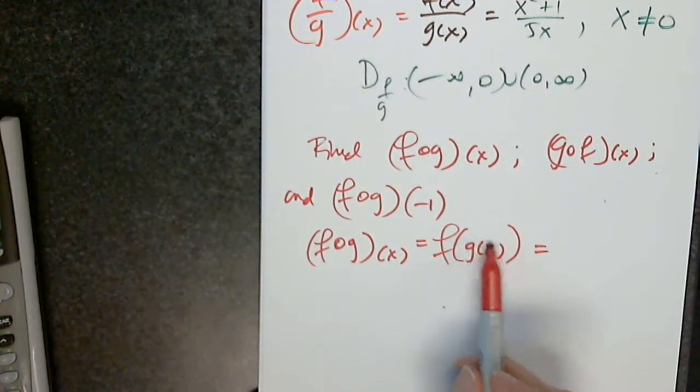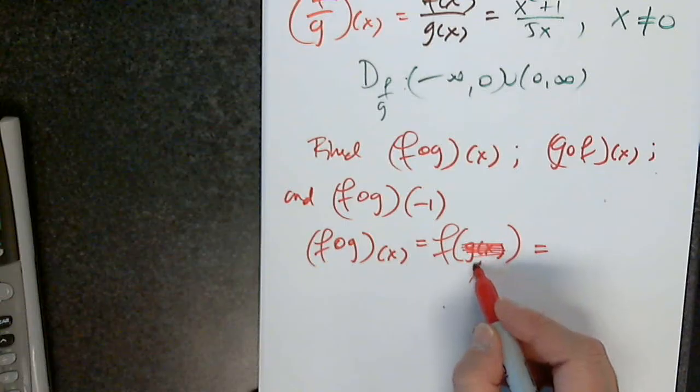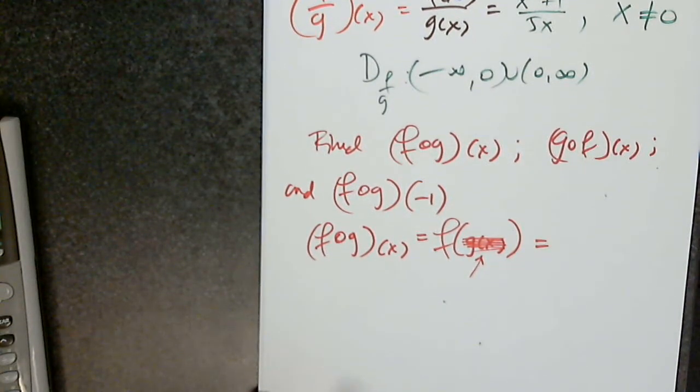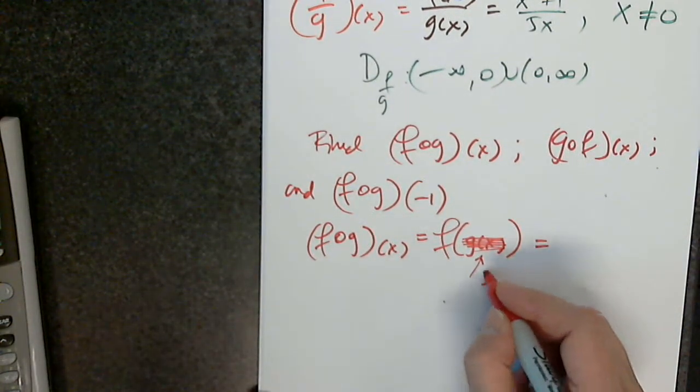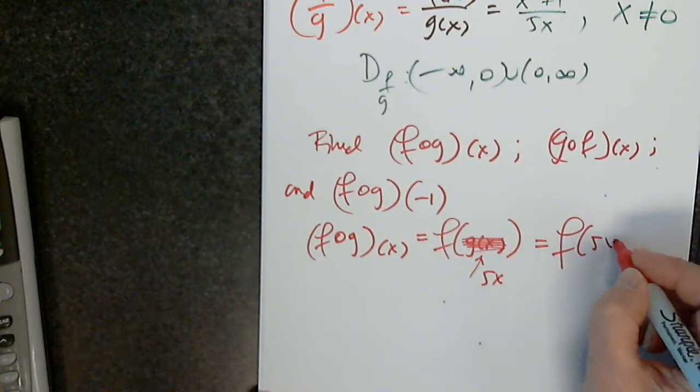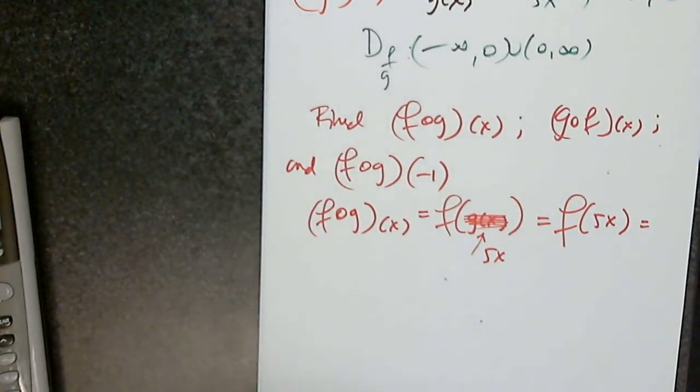What do I replace this by? Very good. So then this is f of 5x. Remember, f says whatever squared plus 1.